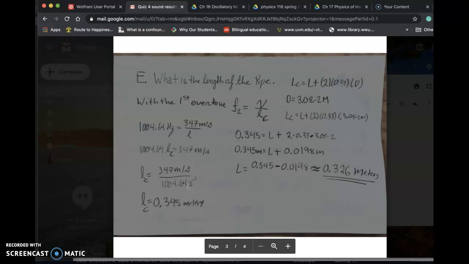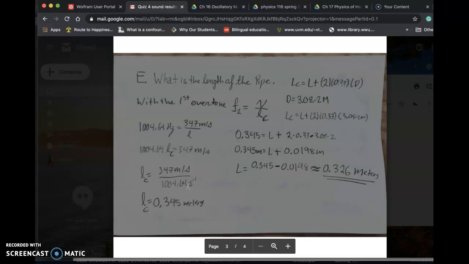Now in order to get the corrected length, we take 1004.64 Hertz, and that equals 347 meters per second divided by the length. So to get the corrected length, we get 347 divided by 1004.64 seconds inverse, which is the same as Hertz, and you get 0.345 meters.